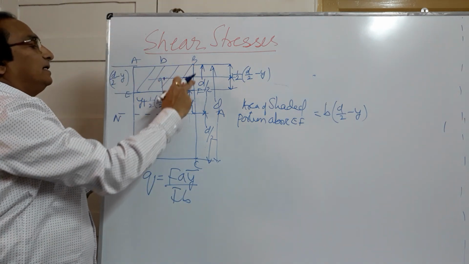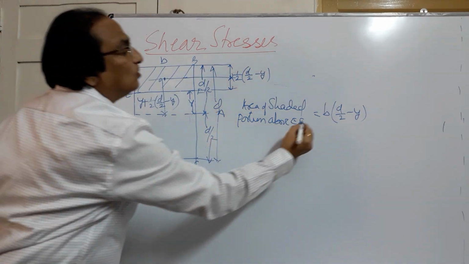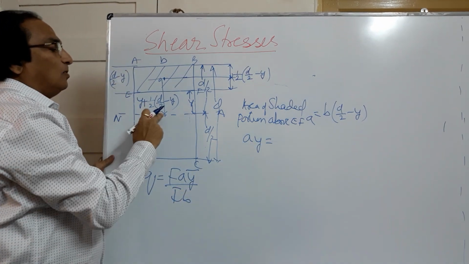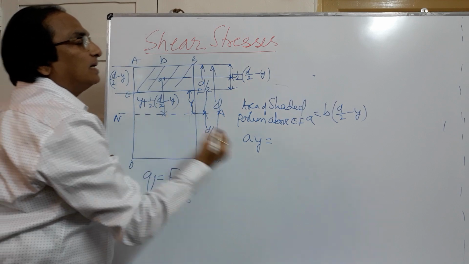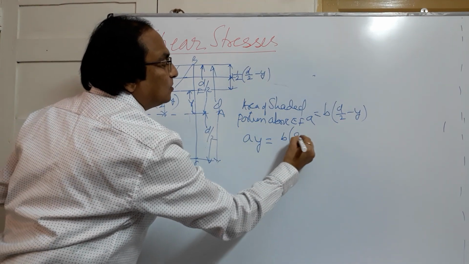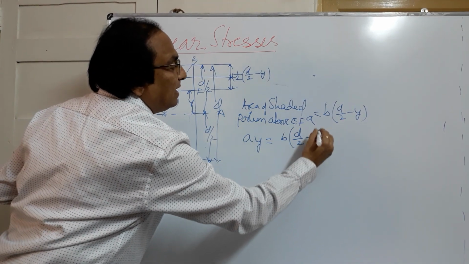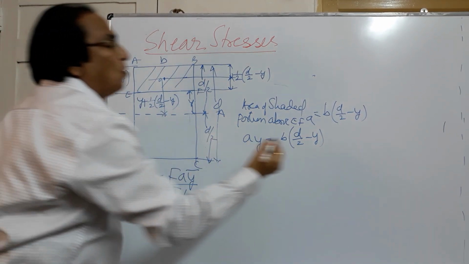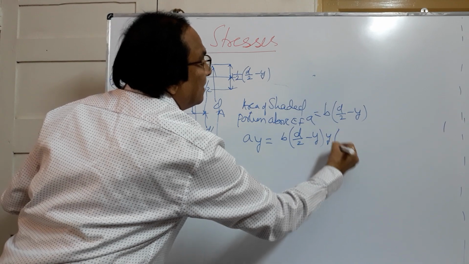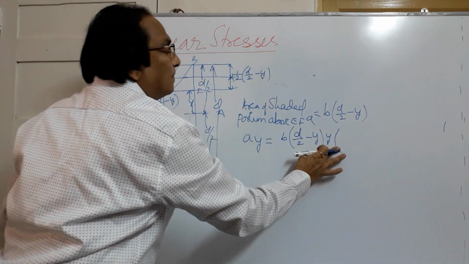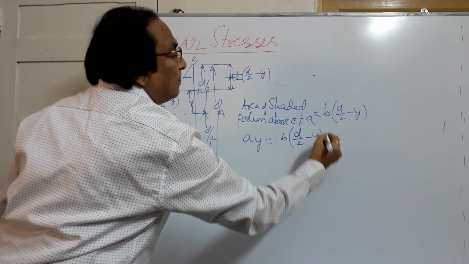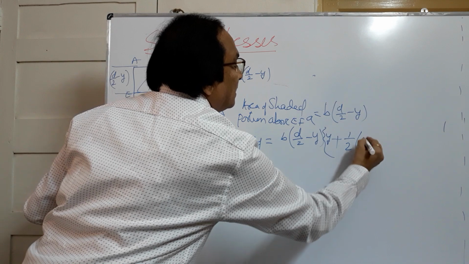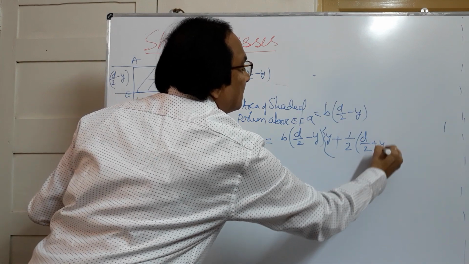So this is the area of the element, and if I want to know the moment of this area, A into y bar about the neutral axis, this is nothing but the area, which is B into D by 2 minus y, and the distance from the neutral axis is y plus half of D by 2 minus y.